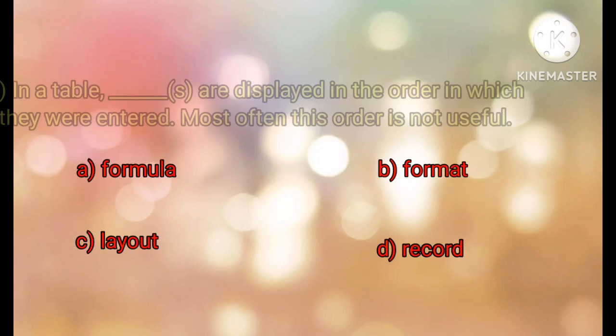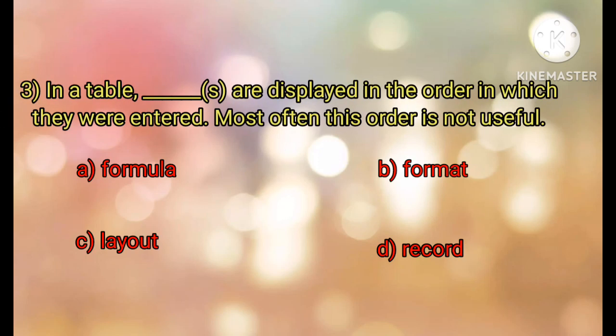Reports in a table space are displayed in the order in which they were entered. Most often this order is not useful.